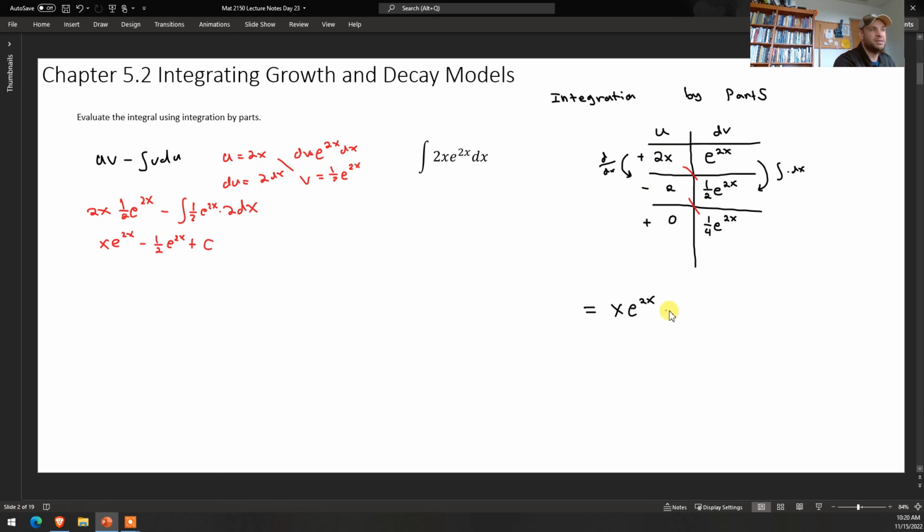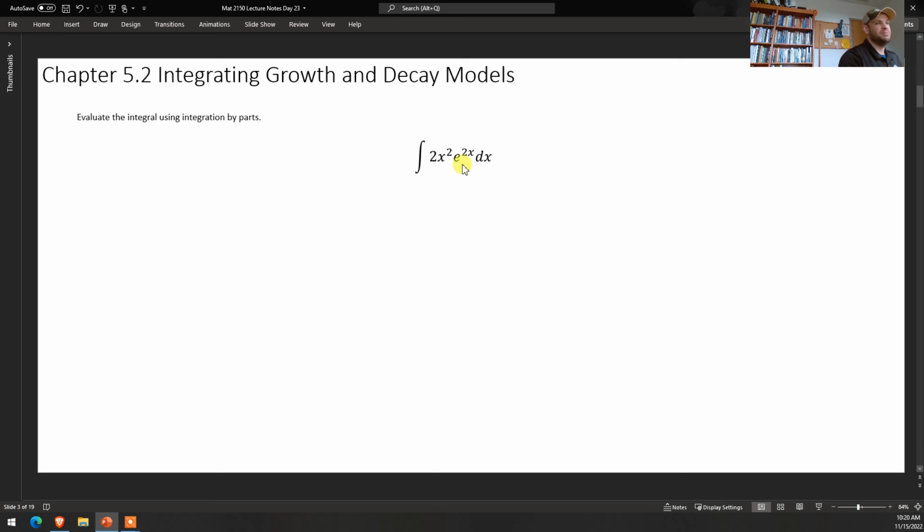Now we have minus 2 times 1/4 gives us 1/2 and e to the 2x. And now since we have a 0 in this box, we know we're done with our answer. So we can add our arbitrary constant c. You can see we got the same exact thing. But with the chart method, it really speeds up the process and gives us a way to write down the answer in a much more efficient manner.